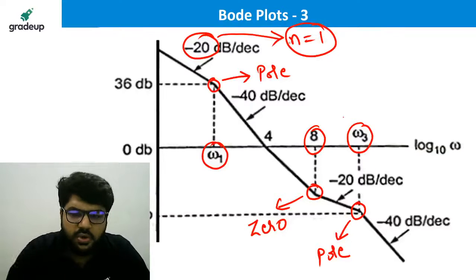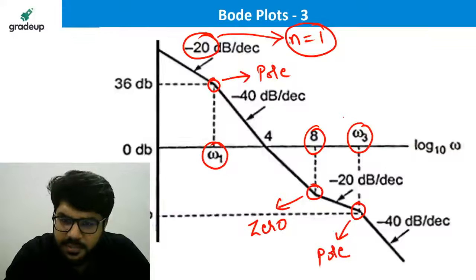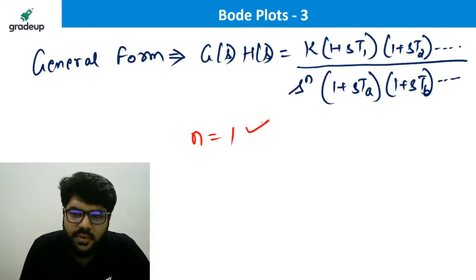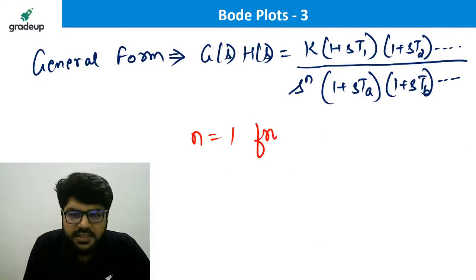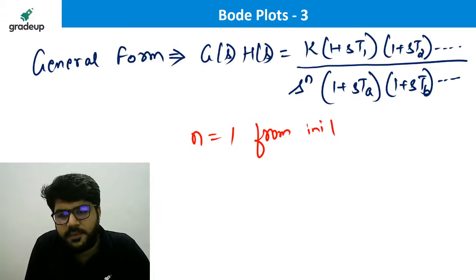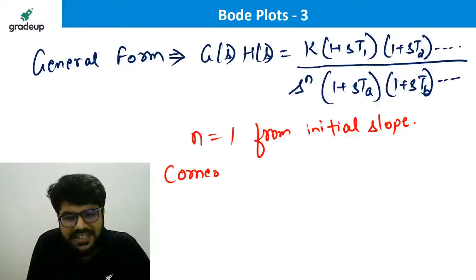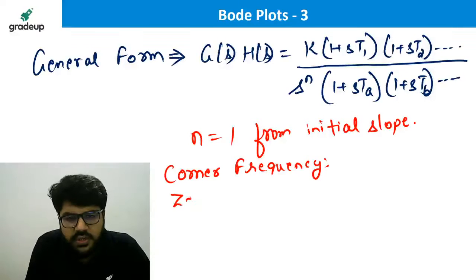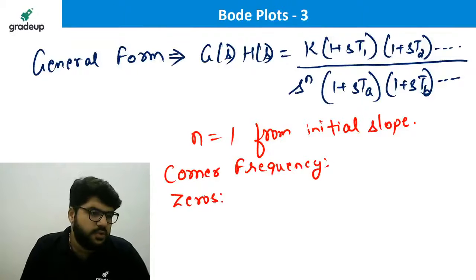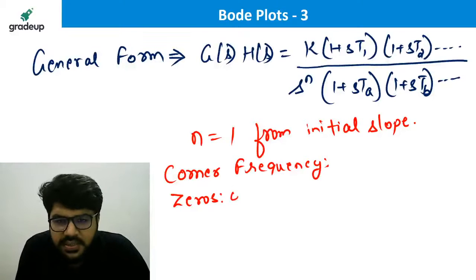So that means n equals 1, which is solved from the initial slope. Now talking about the corner frequencies. Due to the zero, there is only one corner frequency.